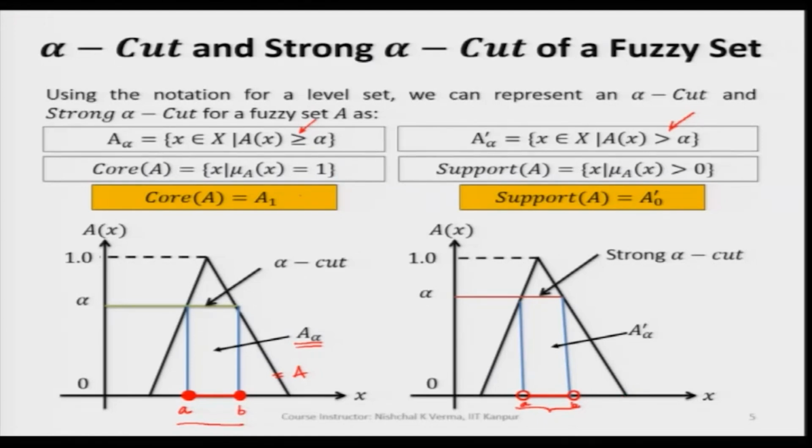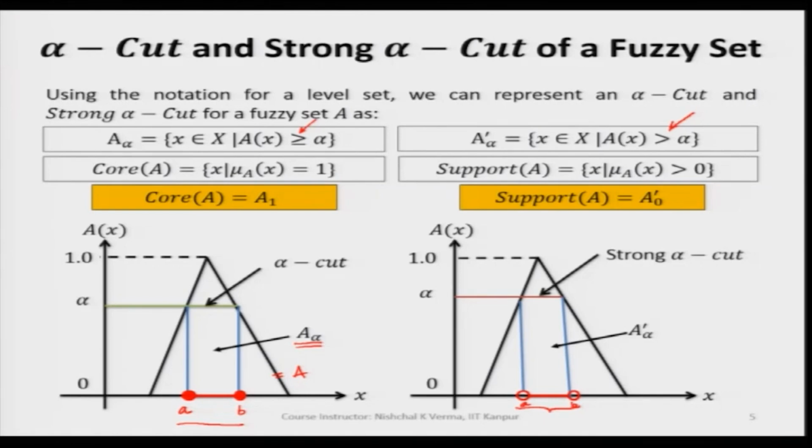We also have, if we are interested in finding A1, the one cut of the fuzzy set A. This will have the collection of all those points for which their corresponding membership values are equal to 1.